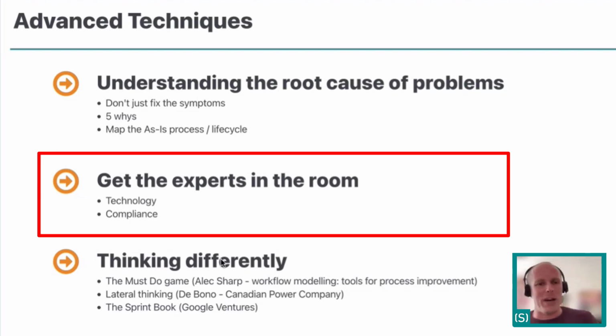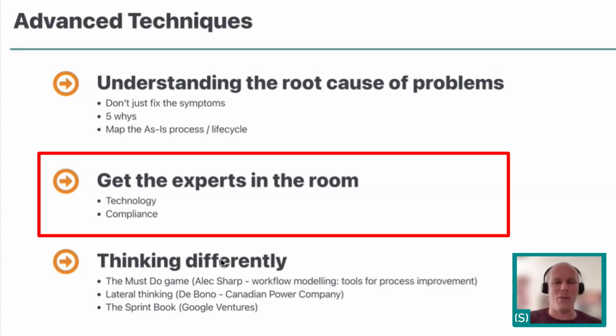But when you're getting to the point of designing the process and you have a good idea about what the technology is, having the experts in the room is so important, because they will be able to tell you whether something's possible or not. What's the art of the possible?